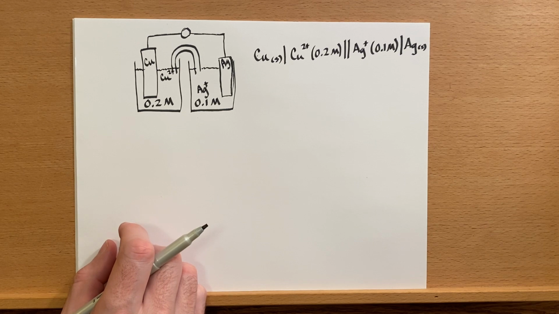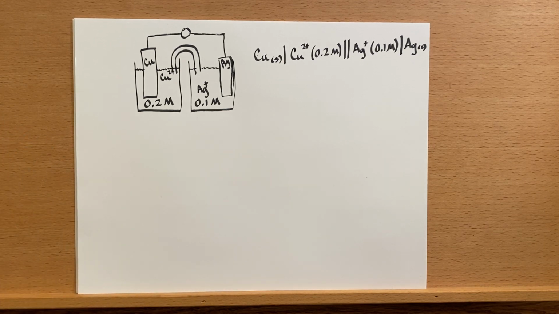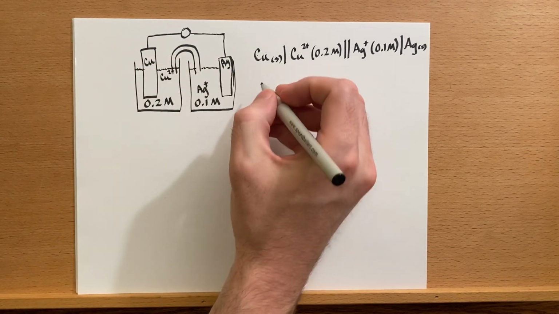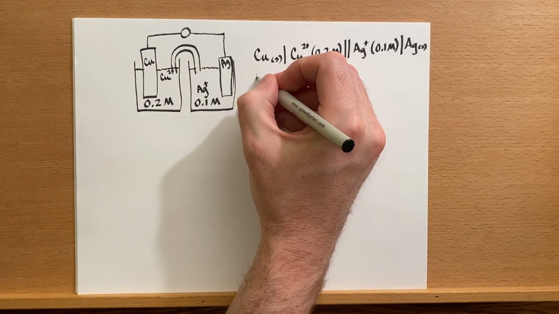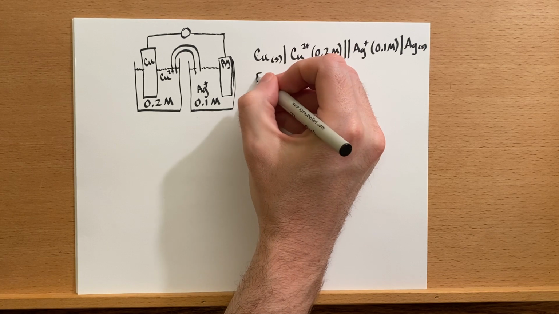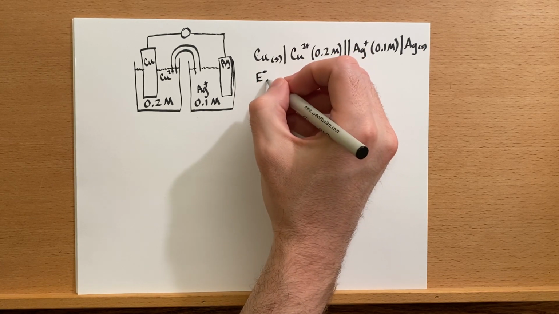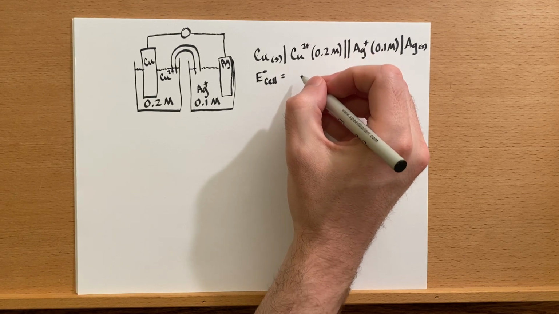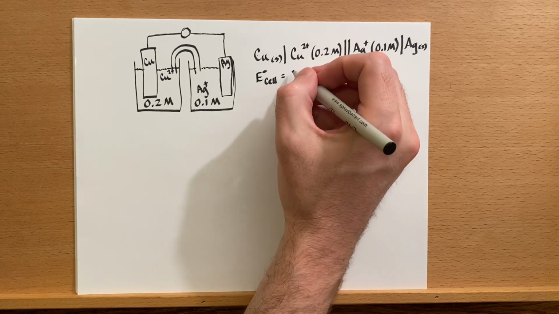Now remember, under standard conditions, the electrical potential for that cell was 0.457. So I'll just write that for reference over here for the cell. And we're actually not going to use this value, although we could.